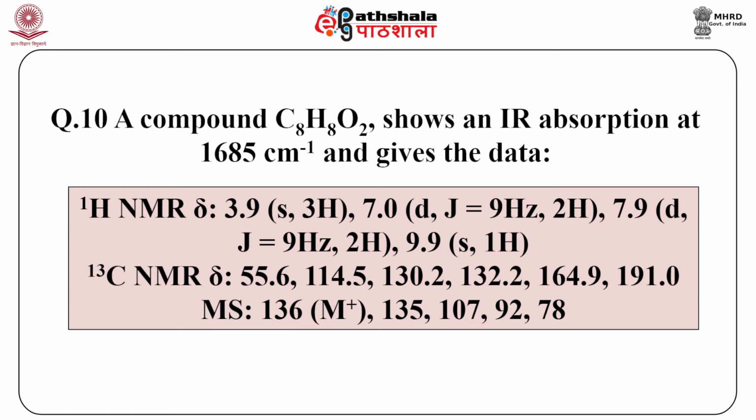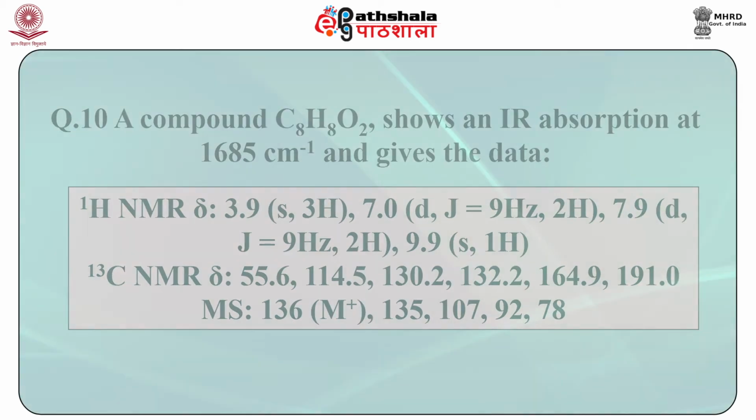The mass spectrum shows fragments at 136 as the base peak, 135, 107, 92 and 78. We have to deduce the structure of the compound and account for all the observations.